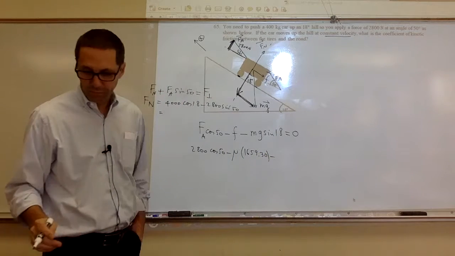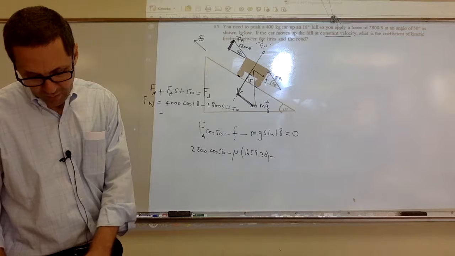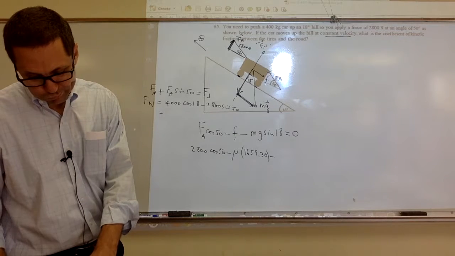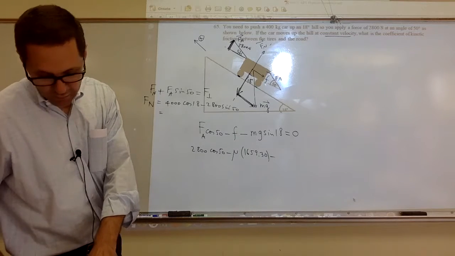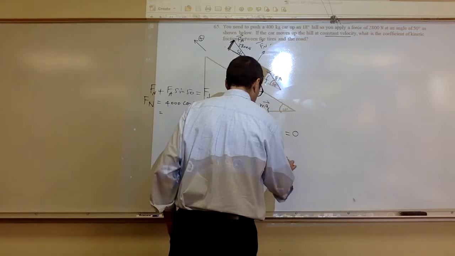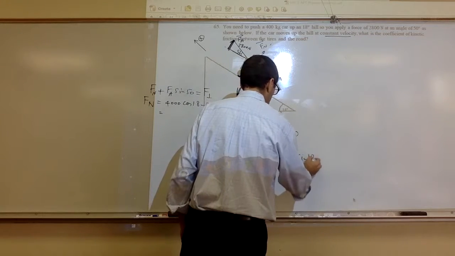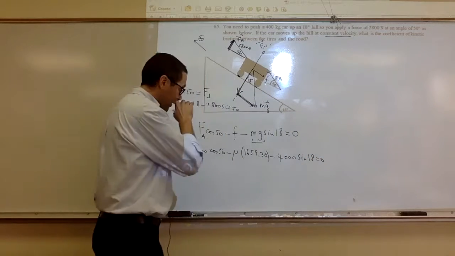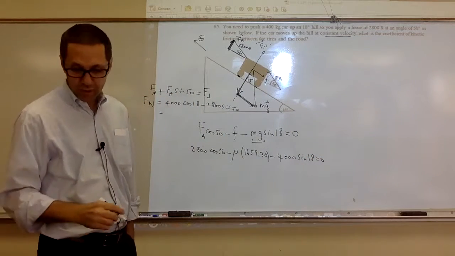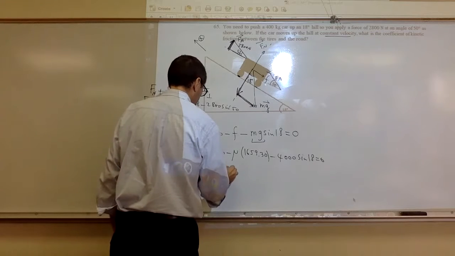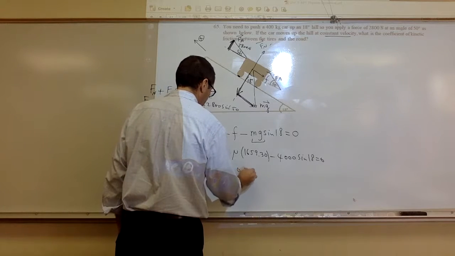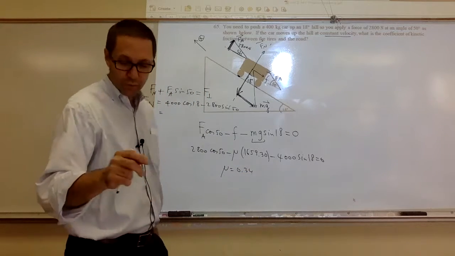Minus 4,000 sine 18. That's the mg. That's equal to 0. Now you just have to figure out the algebra, and you should get 0.34. So the coefficient of kinetic friction is 0.34 with no units.